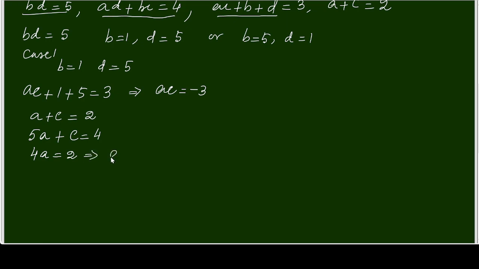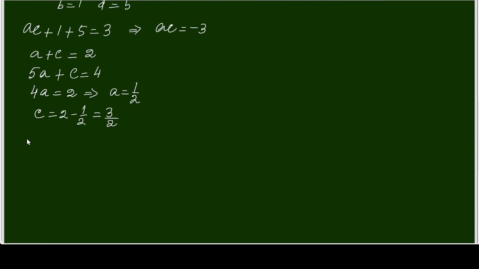Then a is equal to half. And when a is equal to half, a plus c is 2. So c is equal to 2 minus half equals 3 by 2. So one set of values we got, that is a equals half, b is equal to 1, c is equal to 3 by 2, and d is equal to 5.